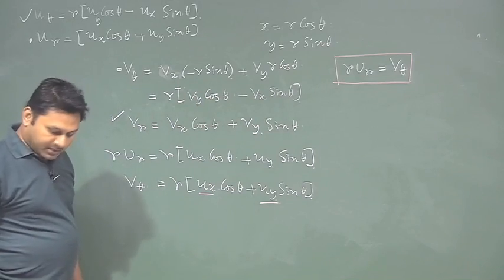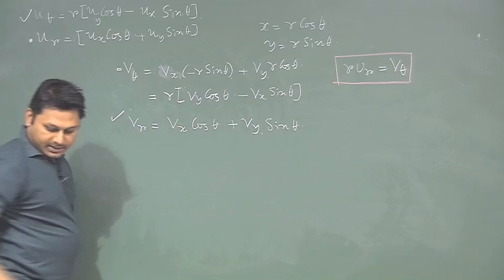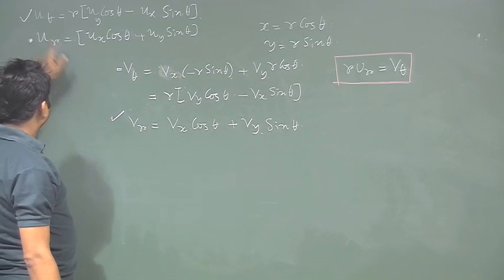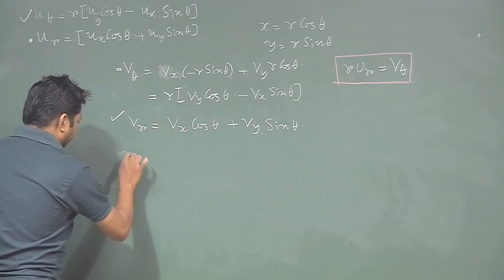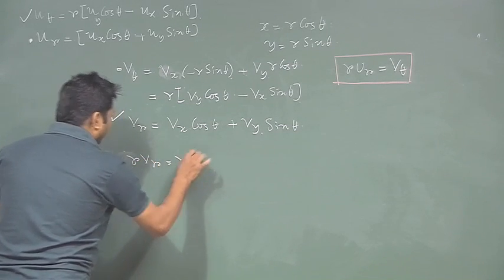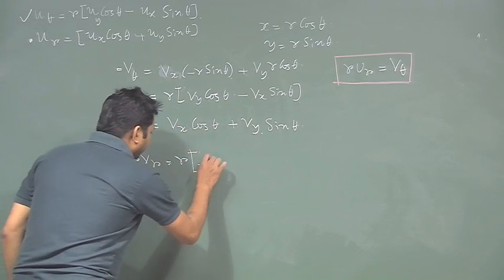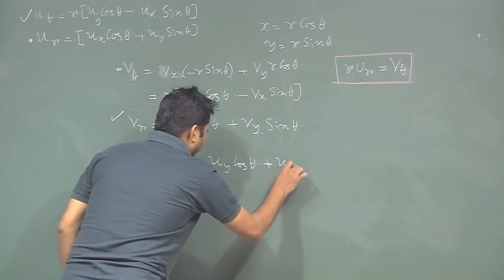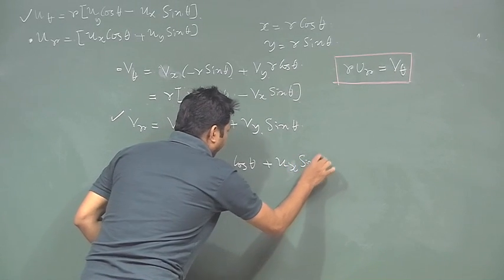And next I will compare the other one, and the other one is this and this. So, again if I multiply this with r, so r V r is r, I will change this V to u. So, V x is minus of u y cos theta and V y is u x sin theta.